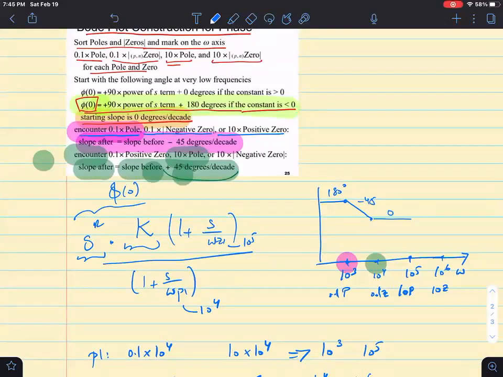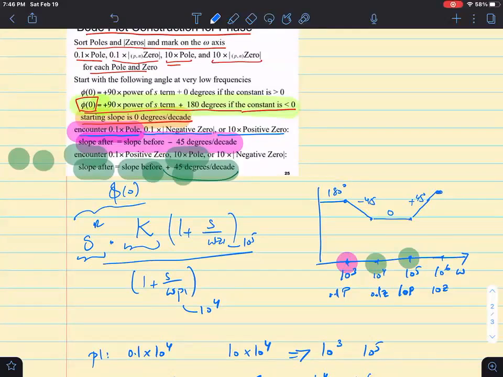Okay, and then I'm going to hit the 10 times the pole this time. So the 10 times the pole falls into the second category also, and the slope for the phase will increase by 45 degrees. So I will have a rising slope this time for the phase of plus 45 degrees per decade until I hit the 10 to the 6.